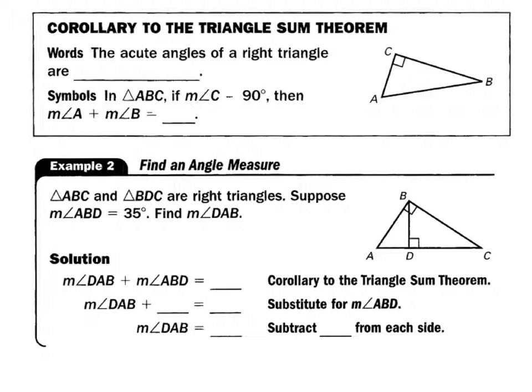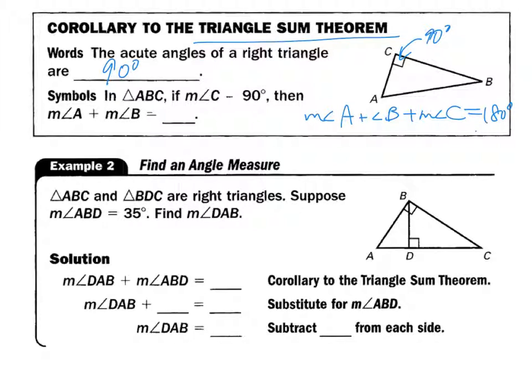Here is an extension to that theorem. The acute angles of a right triangle add up to 90 degrees. So look at the example here. We have a triangle ABC, but C is a right angle. In other words, C is already 90 degrees, and I know that the measure of angle A, angle B, and angle C has to add up to 180 degrees based on the triangle sum theorem.